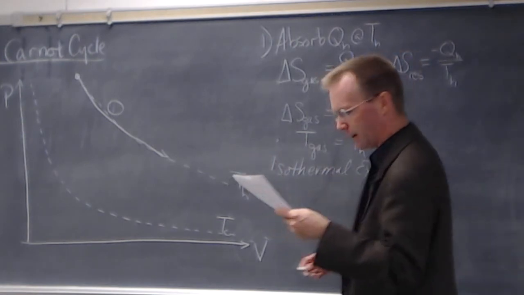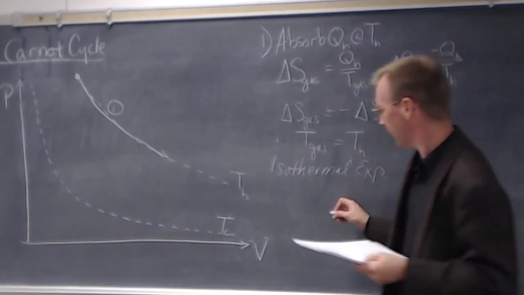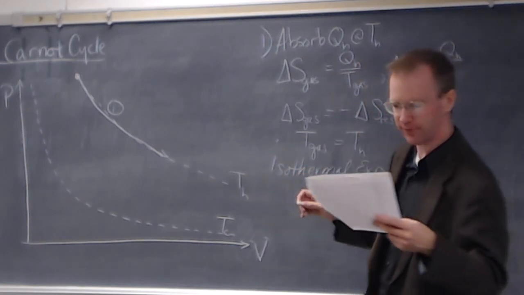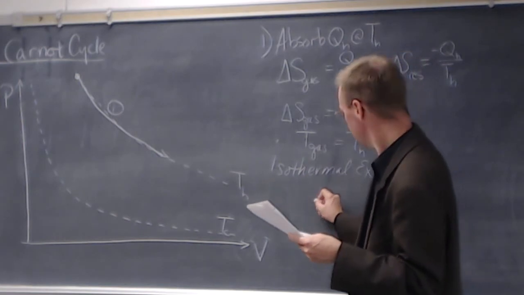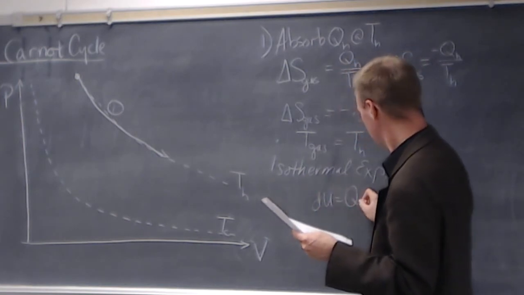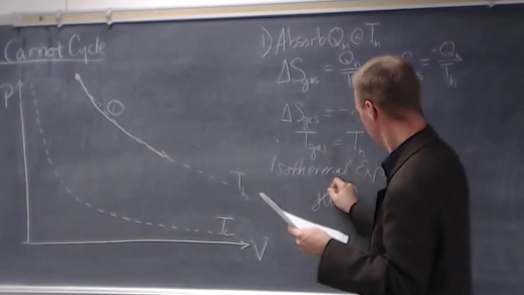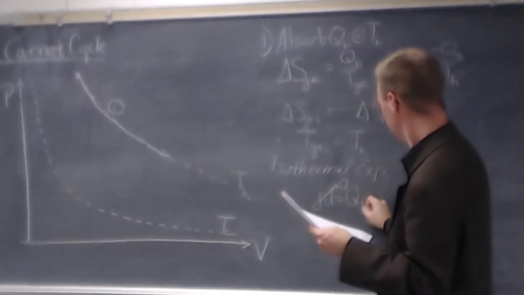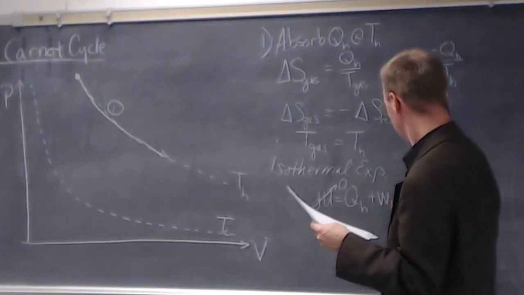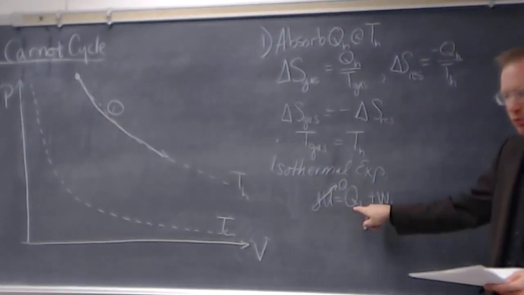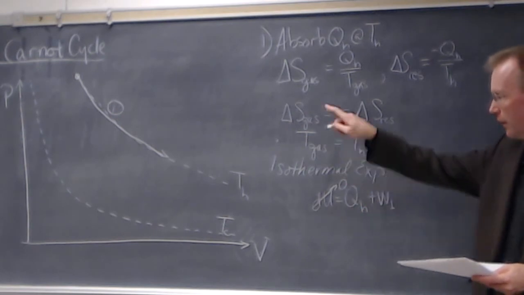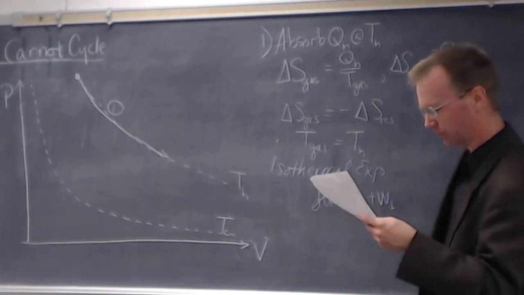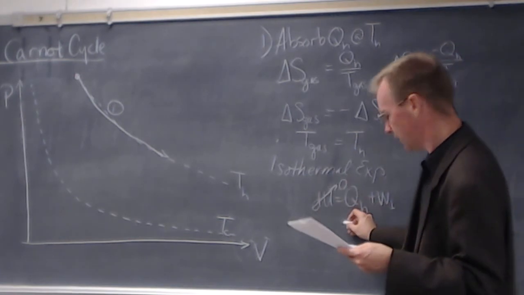Now, okay. And you can show from the first law that if you're holding the temperature fixed, you're holding the internal energy fixed. If the temperature is fixed, then dU is 0. And from the first law, that's equal to QH plus the work done in step 1. Noting the sign I've got here.